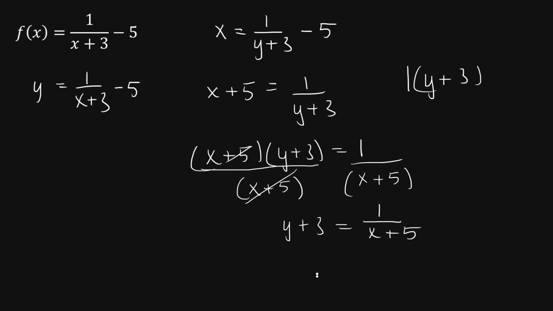And finally, y equals 1 over x plus 5 minus 3. So the inverse function can be written like this. f inverse of x is 1 over x plus 5 minus 3.